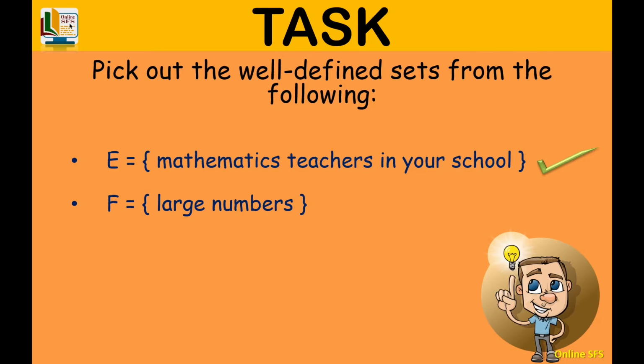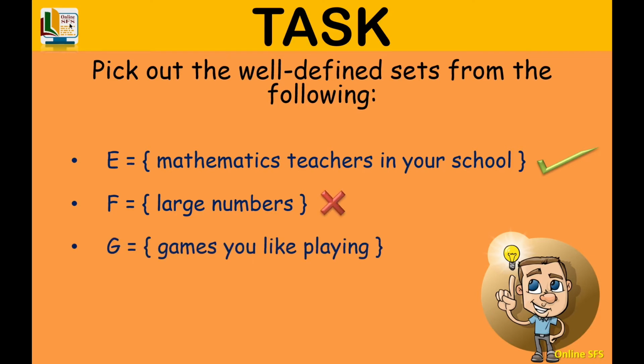Well, we cannot clearly define which numbers are large and which are not, because if you take an example, let's say the number 100 or 1000, it will be a large number for a kindergarten student, but not a large number for a 6th grade or 7th grade student. So, this set is not as such well defined.